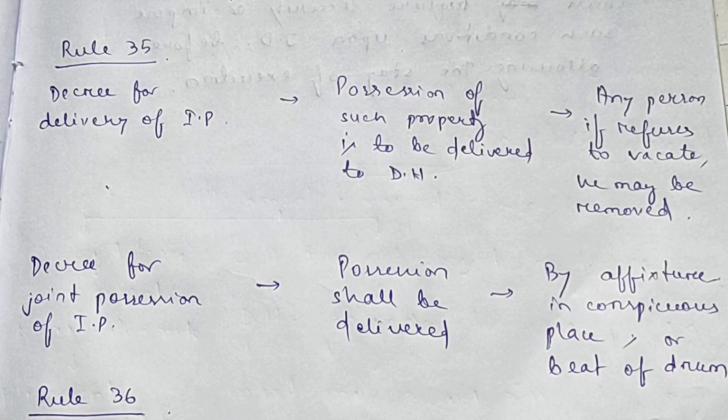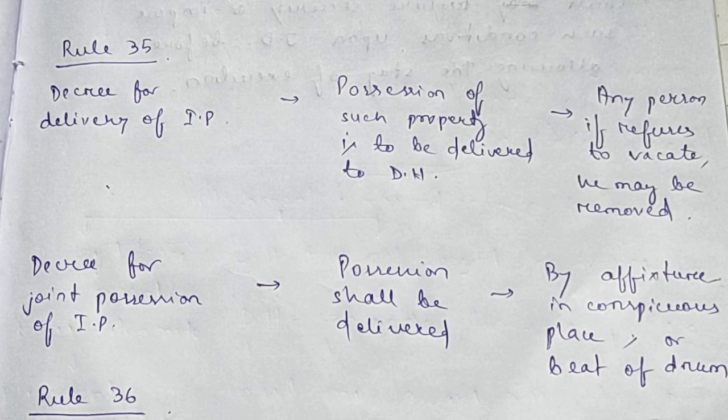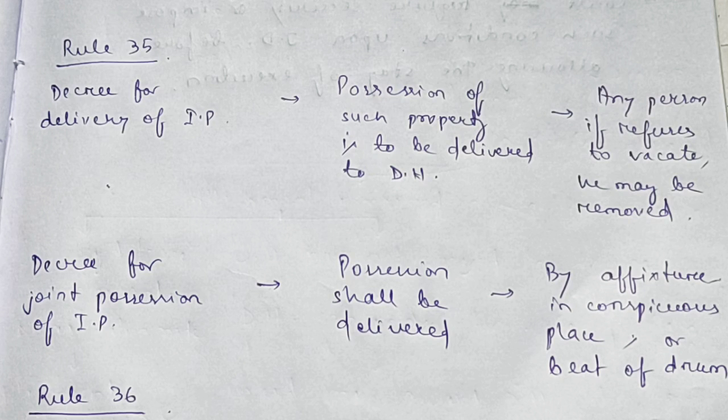If the decree is for delivery of immovable property as laid under Rule 35, and the possession of such property is to be delivered to the decree holder, then if any person refuses to vacate, he may be removed. And if the decree is for joint possession of immovable property under Rule 35, then the possession shall be delivered.